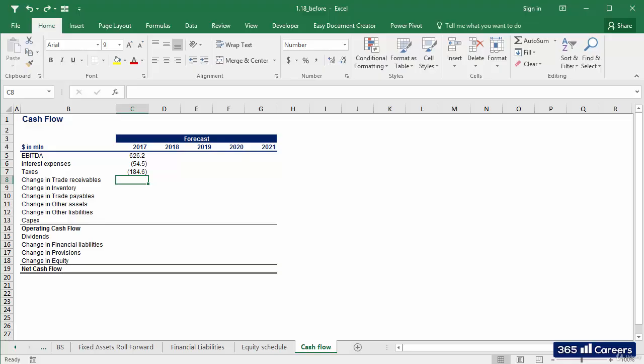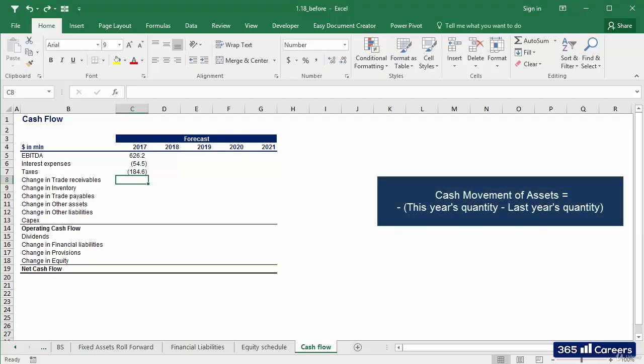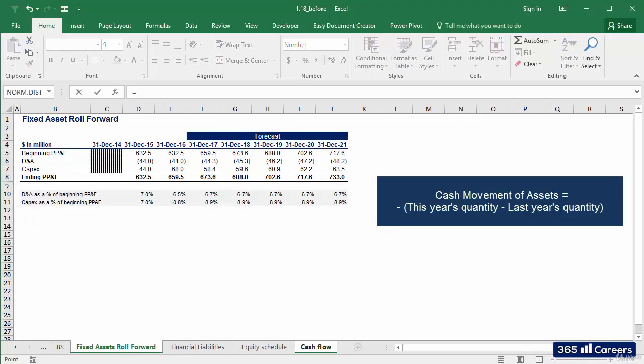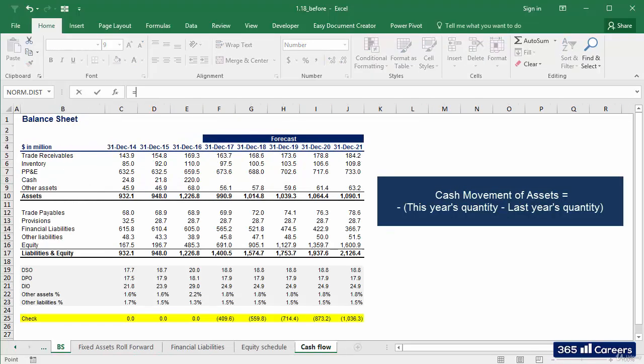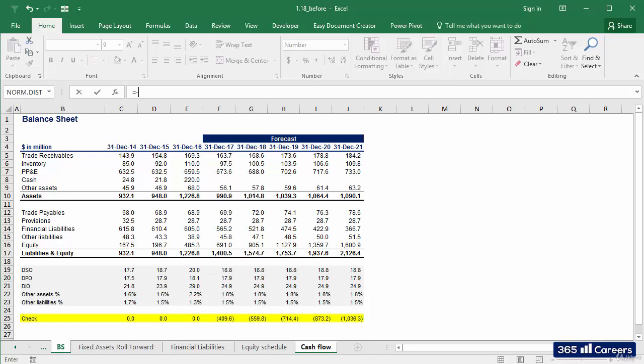Let's start from the calculation of cash movements arising from the change of balance sheet items. Based on what we said, the formula for calculation of asset movements is minus this year's quantity minus last year's quantity. And here is the cash movement of trade receivables.